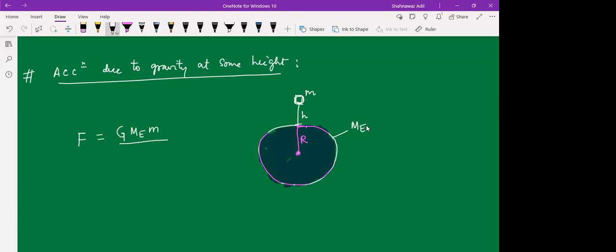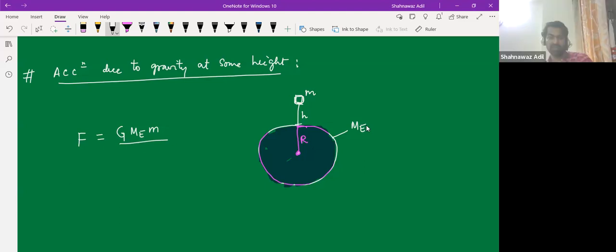From the center, because all the masses are situated at the center. This is a spherical symmetric body, and we make it a point mass.